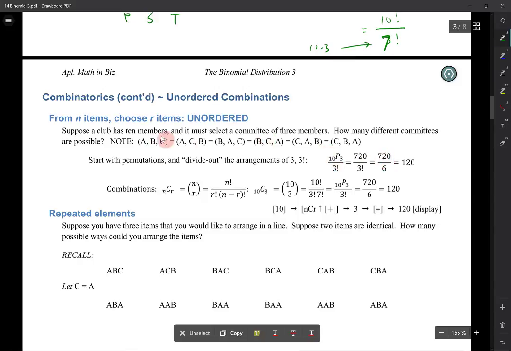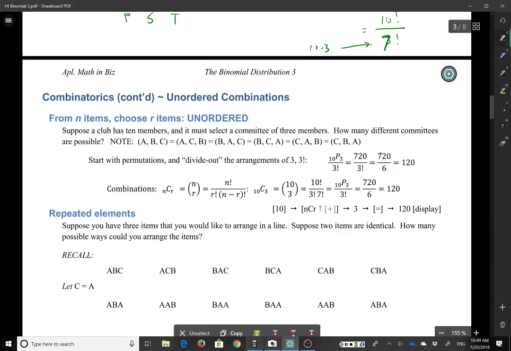For example, before, when we selected 3 of 10 in order, there were the 720. But now, if we're unordered, we take this number and divide it by 6, and that's what we get.